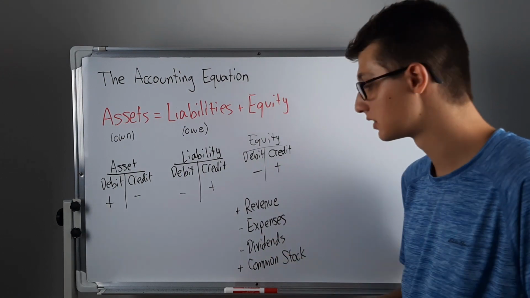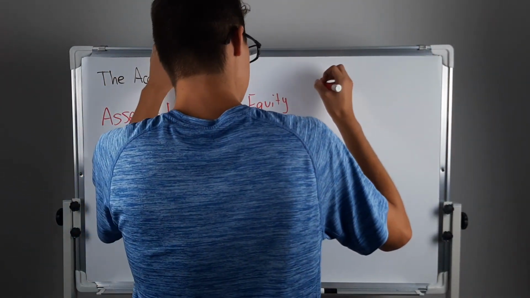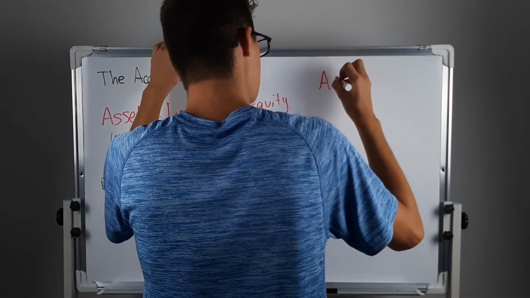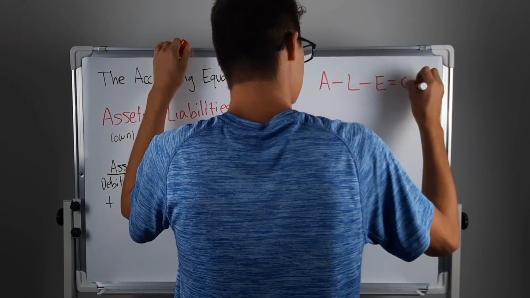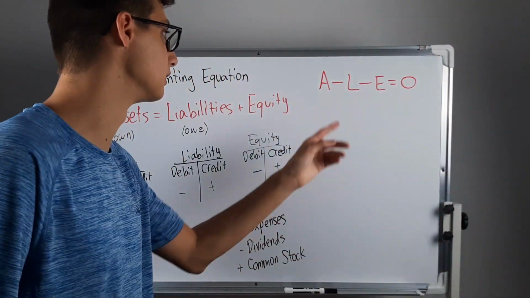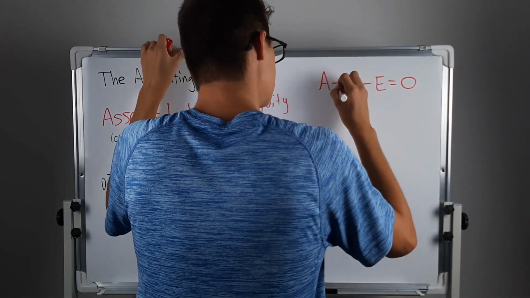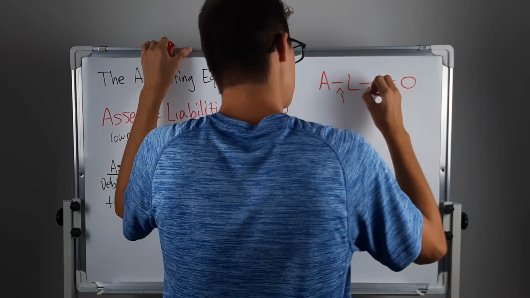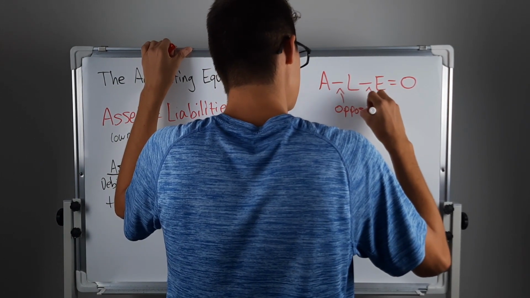But we can think of this a little more mathematically. If I abbreviate, assets minus liabilities minus equity is equal to 0. I just moved liabilities and equity to the other side, and we have these minuses here. These minuses essentially just mean that you are doing the opposite. What do I mean by that?